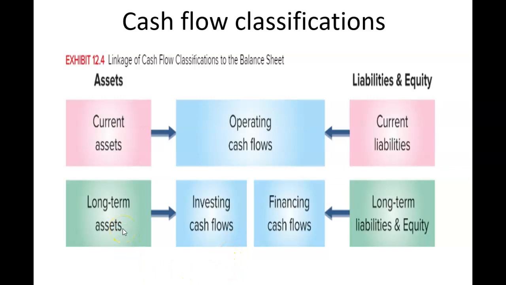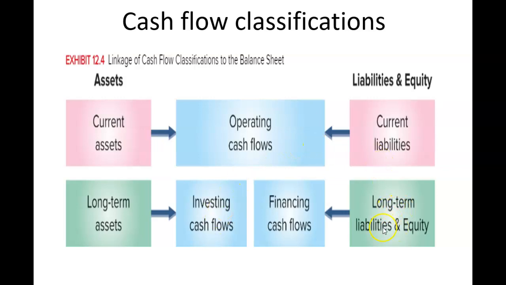Changes in long-term assets, such as plant assets, equipment, vehicles, etc. If those changes arose because of a receipt or payment of cash, those changes are shown in the investing section of the statement of cash flows.